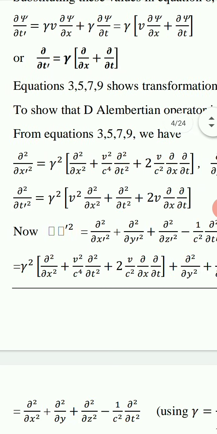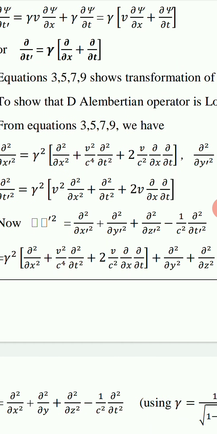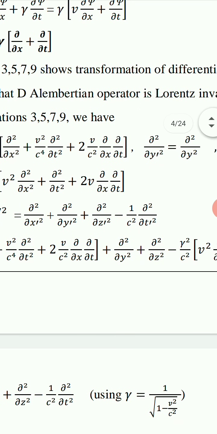Then the D'Alembert operator in S dash frame, del dash square, is equal to d2 upon dx dash square plus d2 upon dy dash square plus d2 upon dz dash square minus 1 upon c square d2 upon dt dash square.